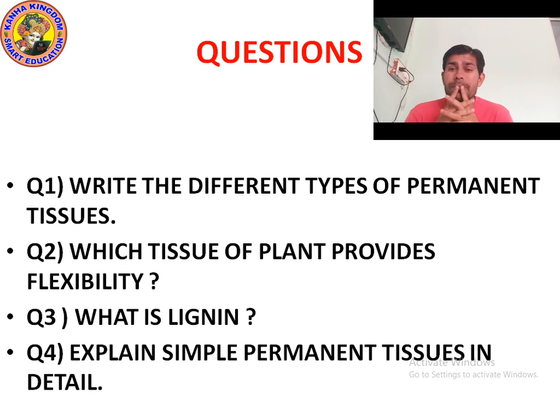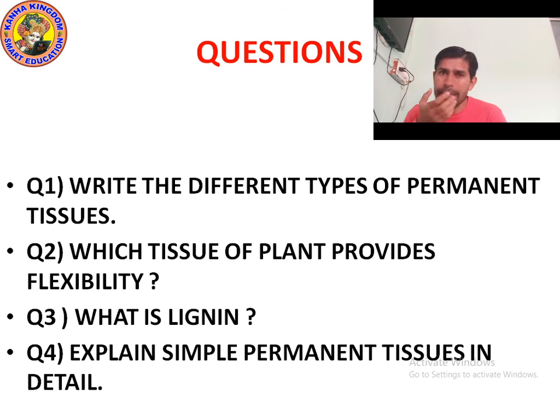What is parenchyma? Write the heading parenchyma. Then what will you write? Parenchyma consists of loosely packed thin wall cells having more intercellular space. Some parenchyma cells in leaves contain chloroplast and prepare food by photosynthesis, and they also provide mechanical support.